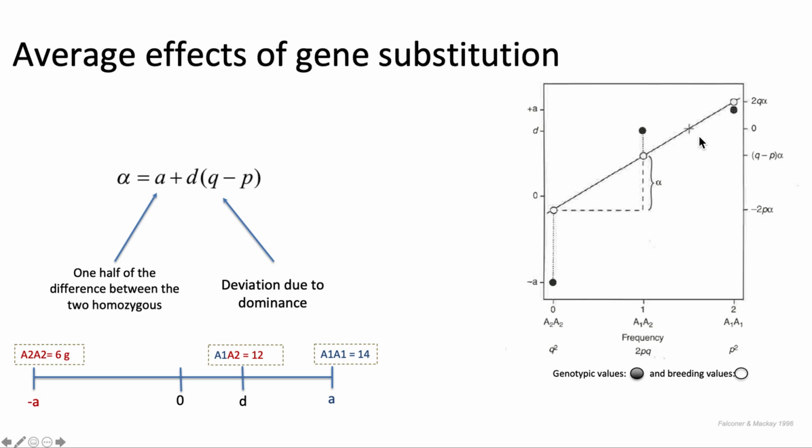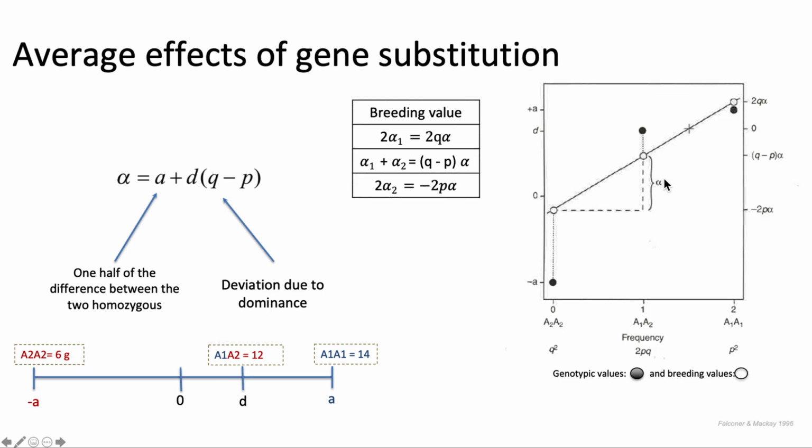Linear regression is a common approach to estimate the alpha values. And as common and useful as linear regression is to estimate the substitution effects, that doesn't mean that the models are perfect.